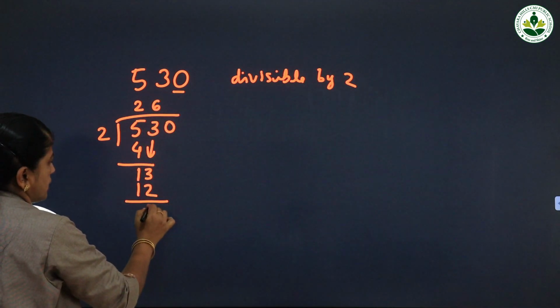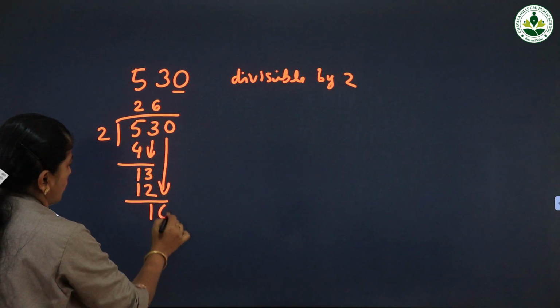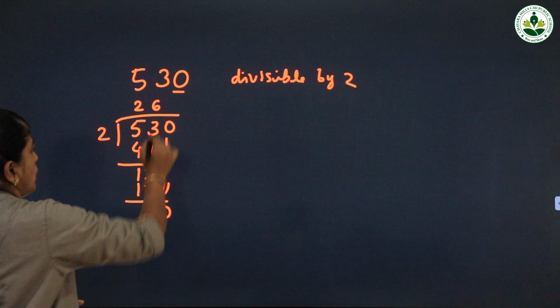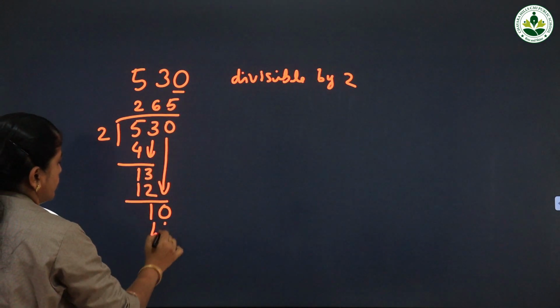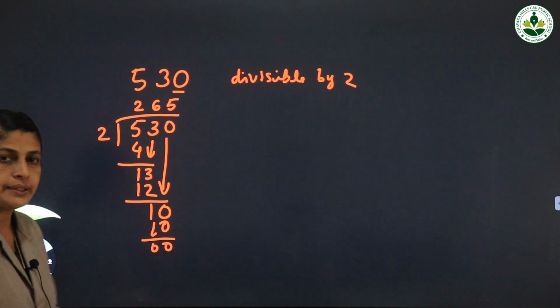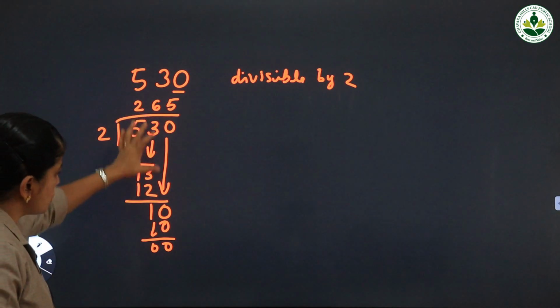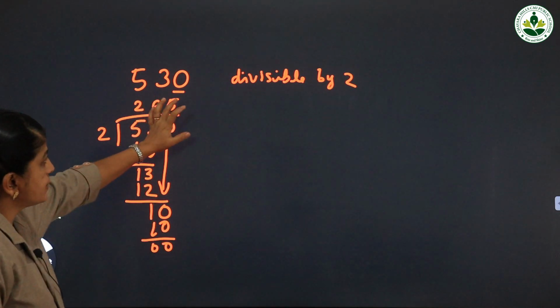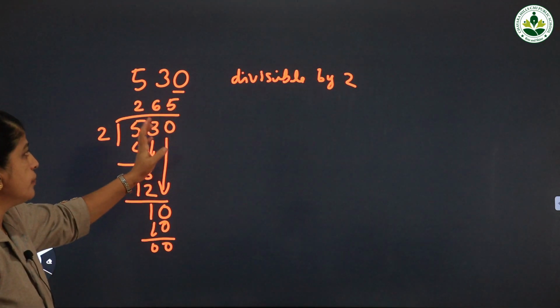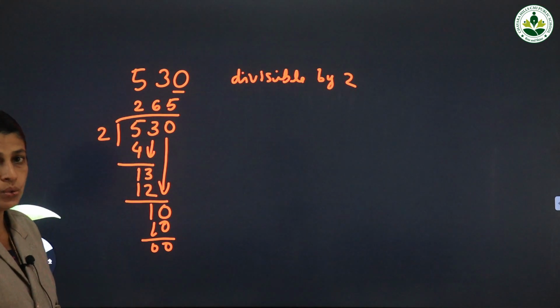Then subtract, the remainder will be 1. Then bring down the next digit 0. Then in 10, 5 2's are there. Therefore, we got 0. That means that number 530 is divisible by 2. Therefore, there is no need for this much long calculation. By looking at the ones place digit itself, we can find whether that number is divisible by 2 or not.